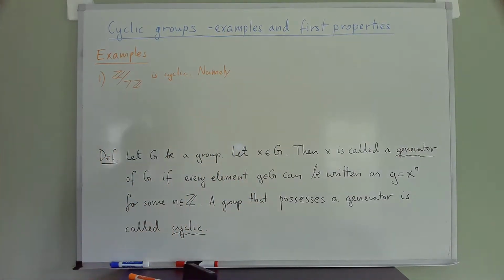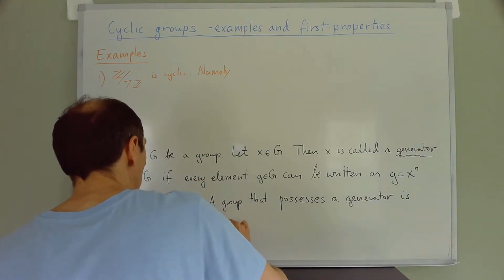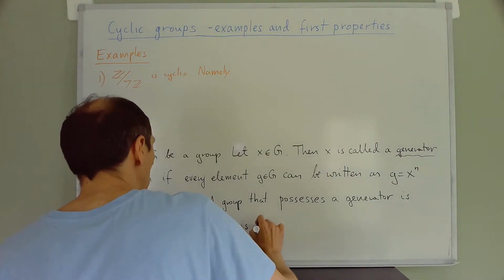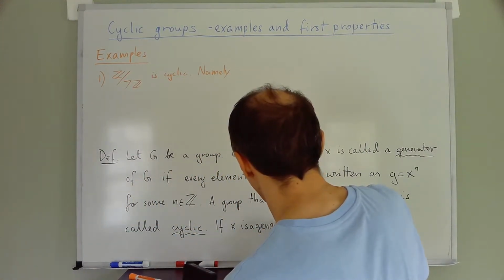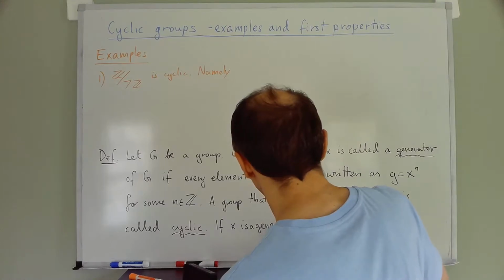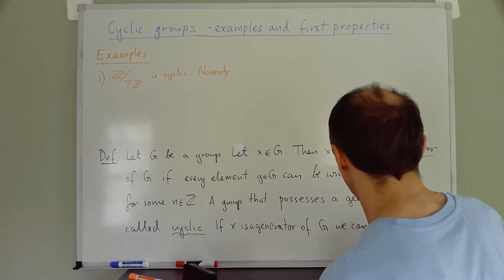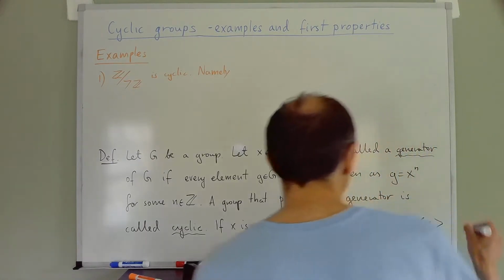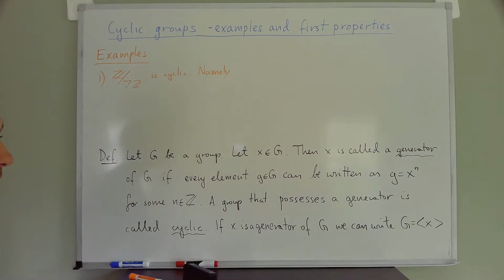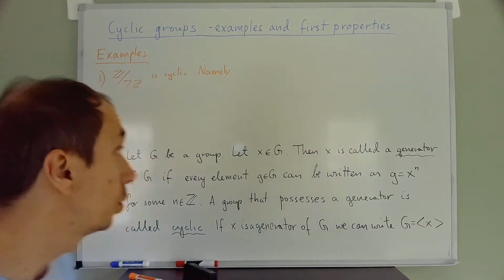A group that possesses a generator is called cyclic. If x is a generator of G, we can write G is equal to angle brackets x. That means somehow that x, this one element, generates all of the group G.